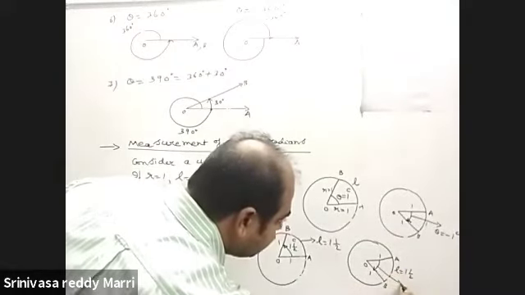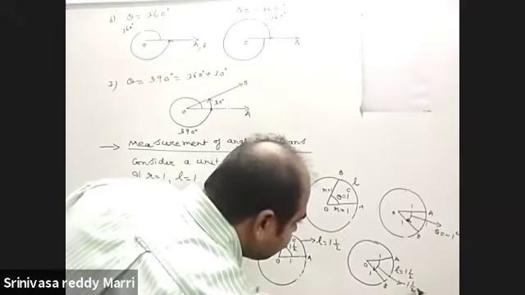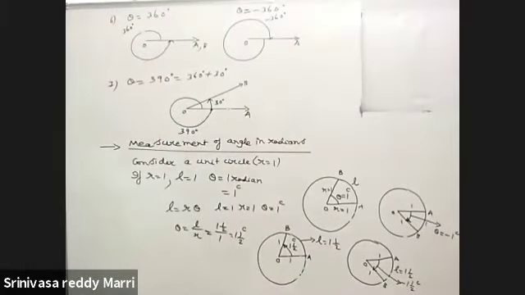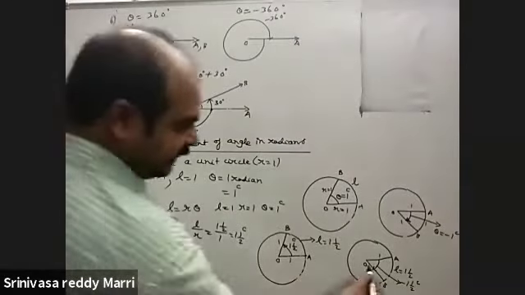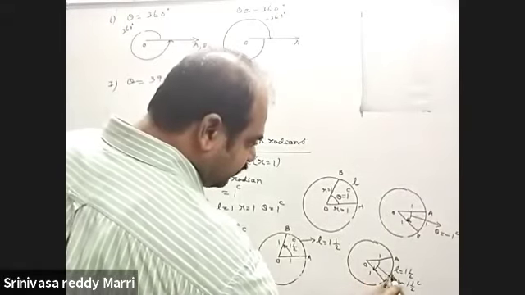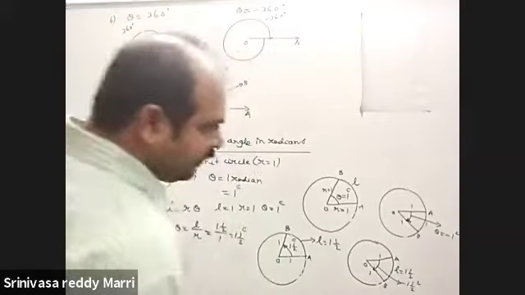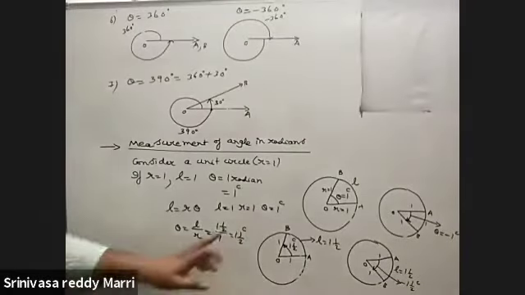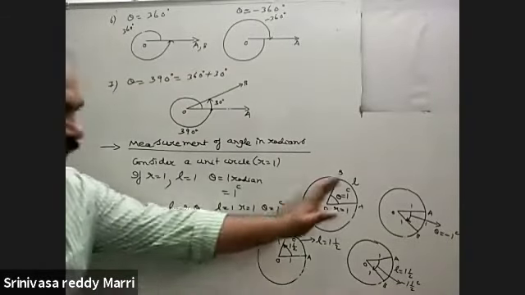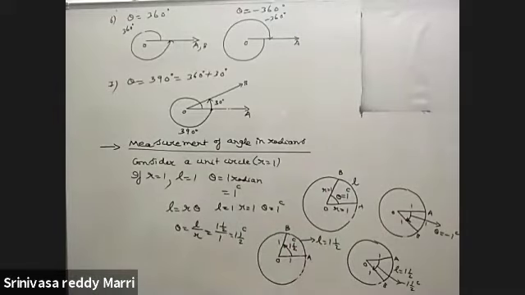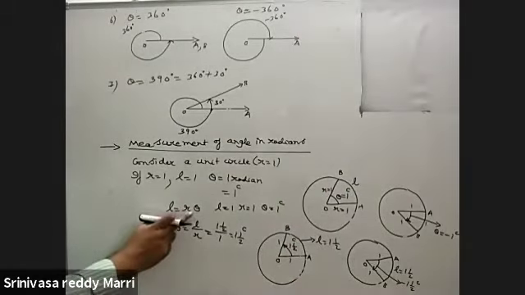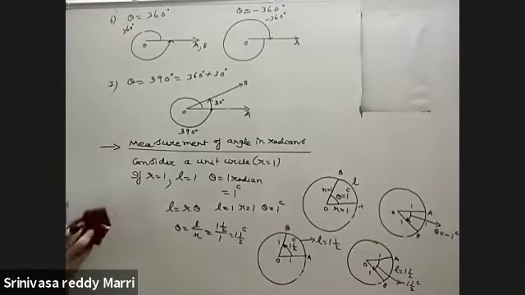Now this angle will be minus 1.5 radian, because this angle measurement is in the clockwise direction from the initial ray. Like that, the angle in radian unit will be calculated by using L equal to R theta. If you know the arc length and R, you will get the angle in radians.